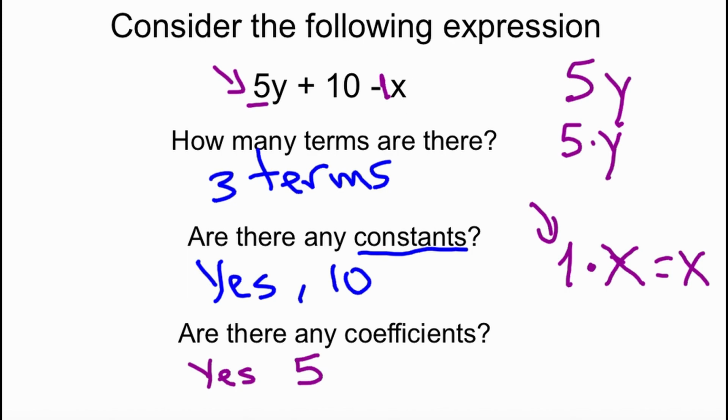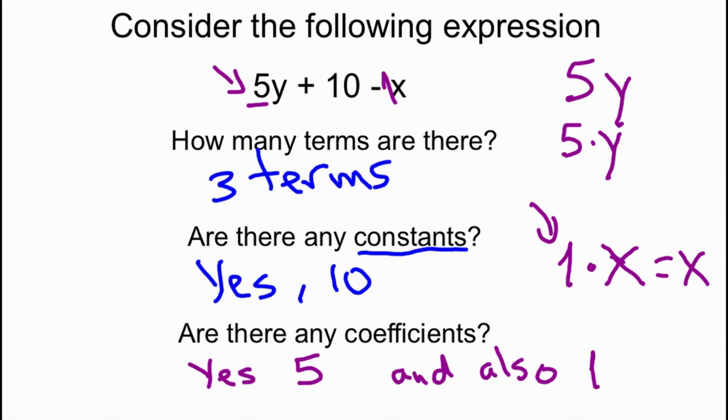So you don't need to write the 1 in front. However, you will need to remember it whenever you are subtracting or adding terms that are alike, which we'll get to in a later lesson. So to answer the final question, yes, 5 is a coefficient, and also 1, the 1 in front of the x.